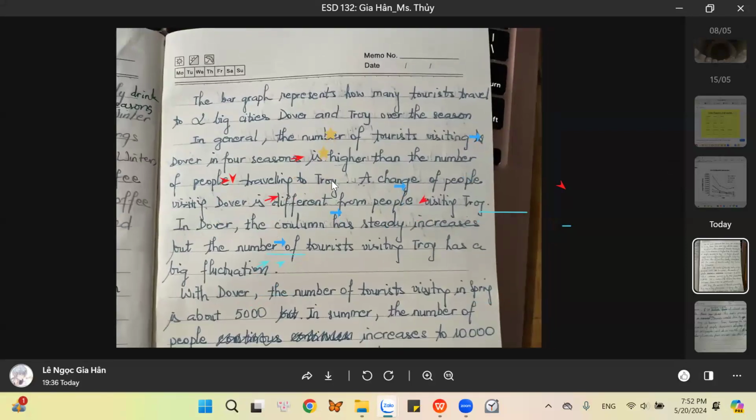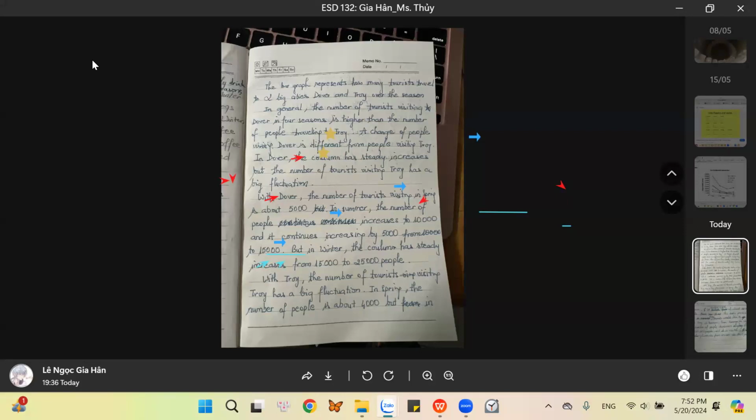So let's look at this together first. When we look at this piece of work of Zahan, we can see that she has written in a very nice order.